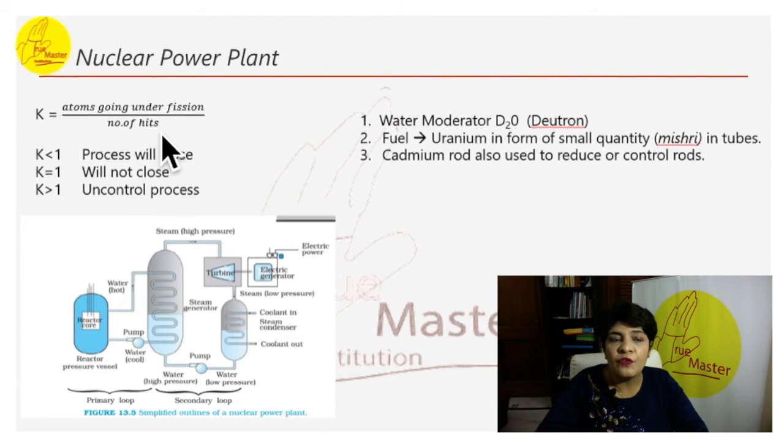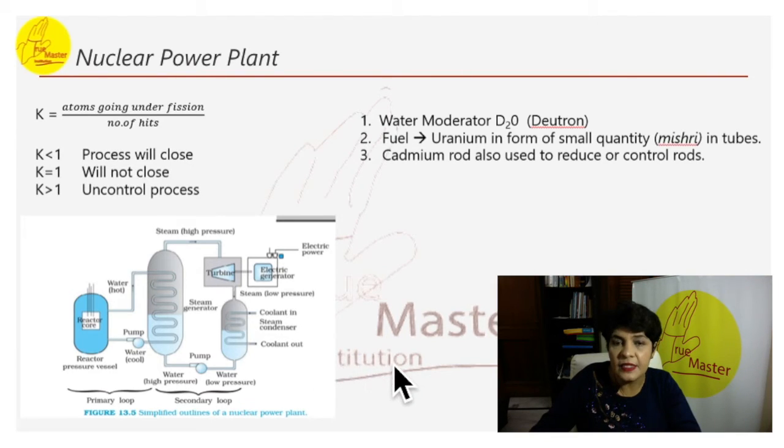If the value of K is less than 1, the process will close down. If K is equal to 1, the nuclear fission reaction can continue. If K is more than 1, the fission reaction is uncontrollable, and control rods are used to reduce the reaction. The control rods have to come on quickly.